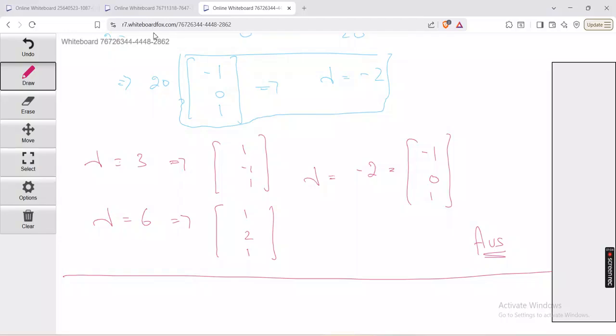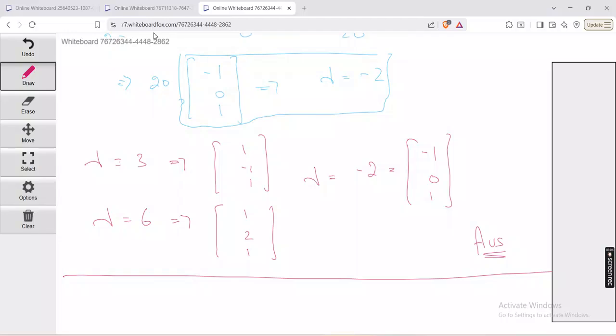Once you reach here, an important thing you have to keep in mind is that if the question asks to find the eigenvalues and eigenvectors, then until here is your answer.